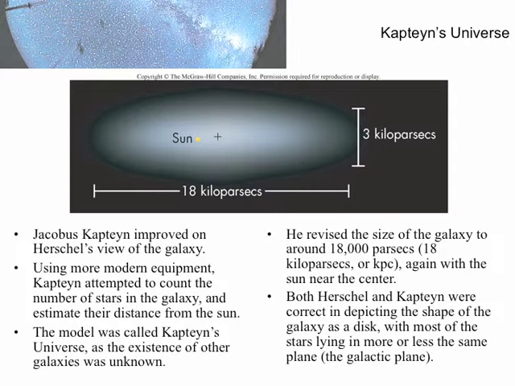He used more modern equipment and got a little bit better handle on the fact that this is a very large structure, but obviously not anywhere near what we actually know is the size of the galaxy. Also, he placed the sun fairly close to the center. So it was an improvement, but it still suffered from a lot of the same problems as Herschel's model.